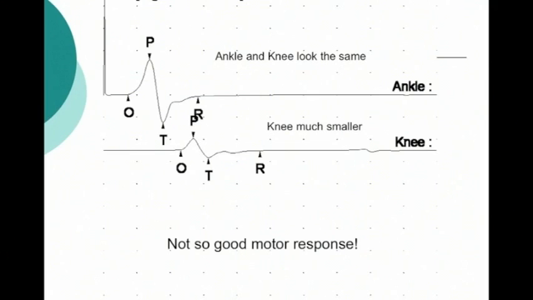What is it that we're not doing here? We are not using enough current. Under those circumstances, what I would do, I would keep the stimulator right at the knee, right where I have it, and start increasing the current. And by increasing the current, I'm going to increase that knee response to have an amplitude that will match the ankle response, not reach it, but match it.